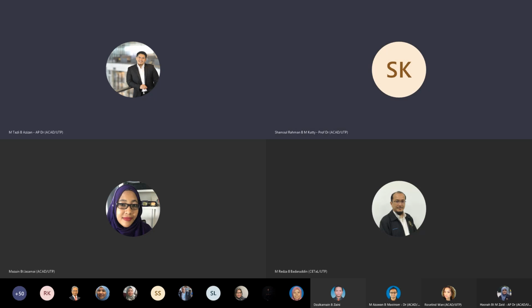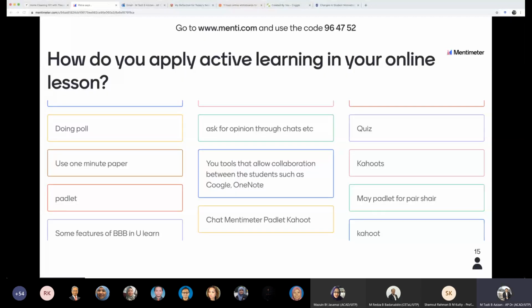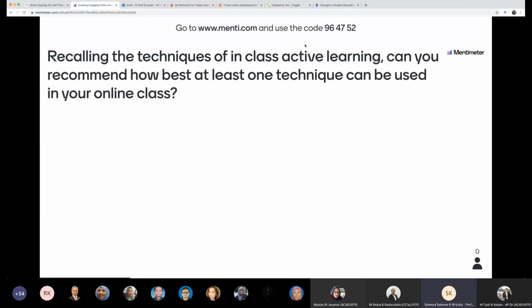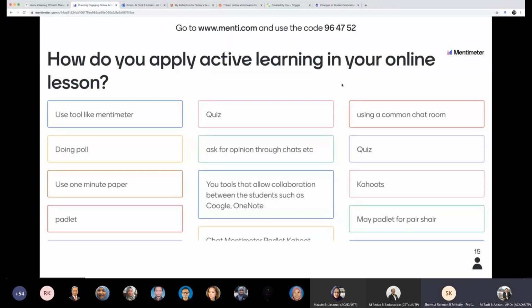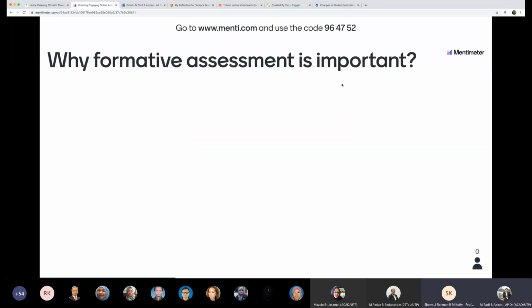Why is formative assessment important, in your own thinking? Can you just recall what formative assessment is? I just wanted to know whether we still have the same understanding of what formative assessment is.